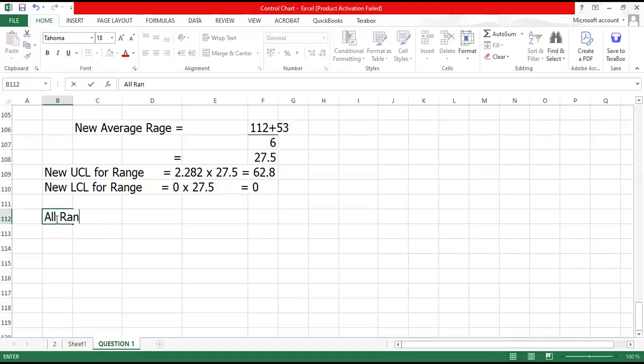All range values are within the limit, isn't it? Yes. There is no figure below the lower control limit. There is no figure above the upper control limit. This implies that the process is still within the limit.